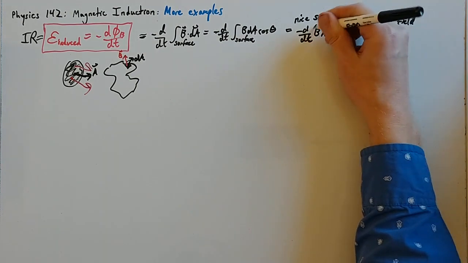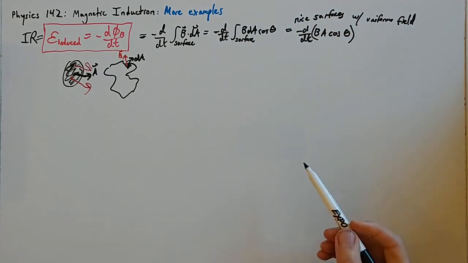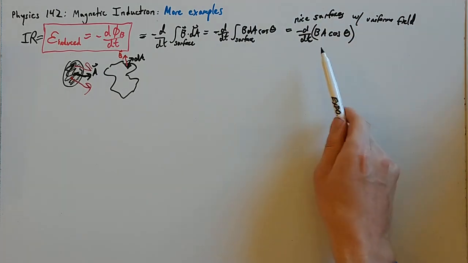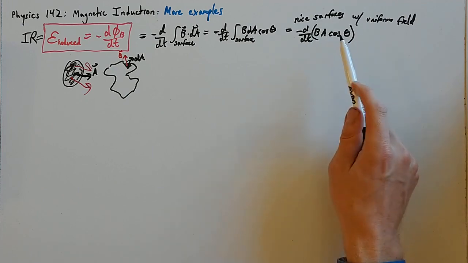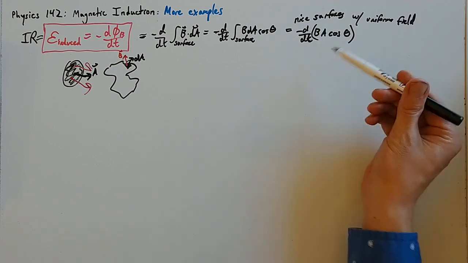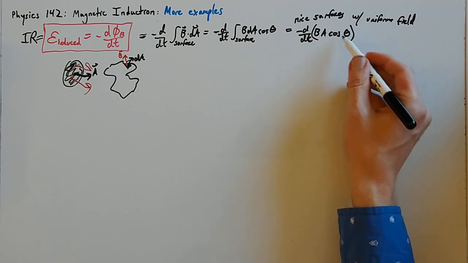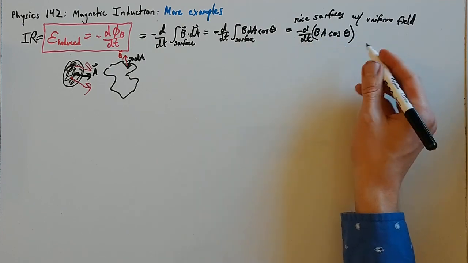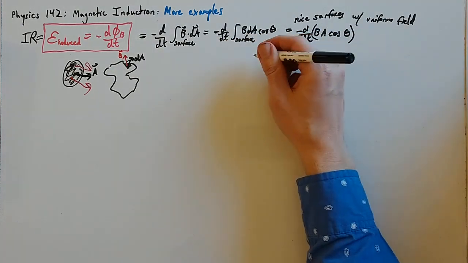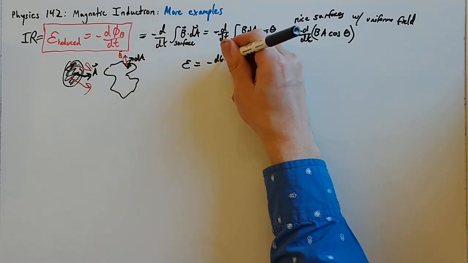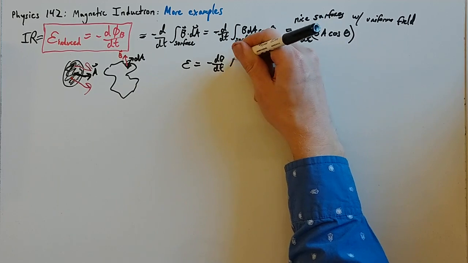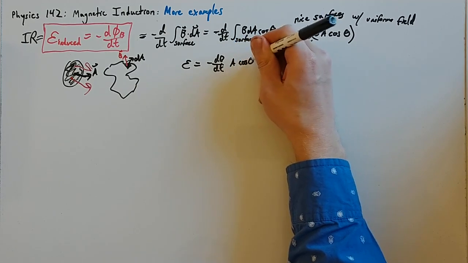And so what that means here is that there are really three different things that you can change. You could have a changing magnetic field. If area is constant and theta is constant and just the magnetic field is changing, then we have three options here. Then the EMF could be minus dB dt, times A times cosine theta.